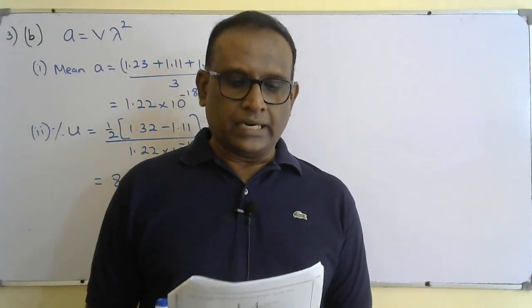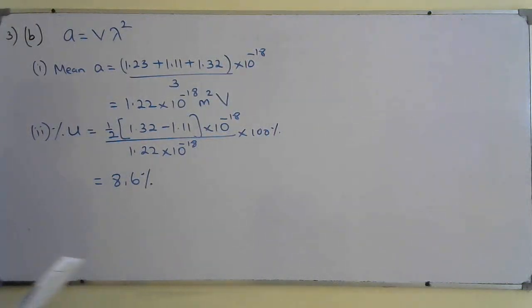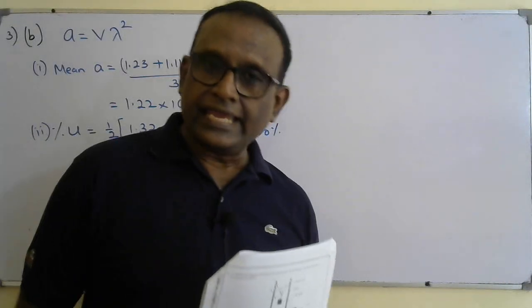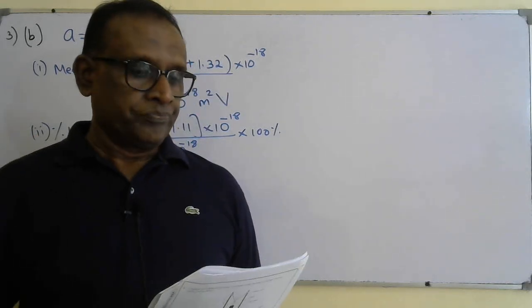Okay, so third part. Different student repeated this investigation. Here the student got three different values for A and found the average value.